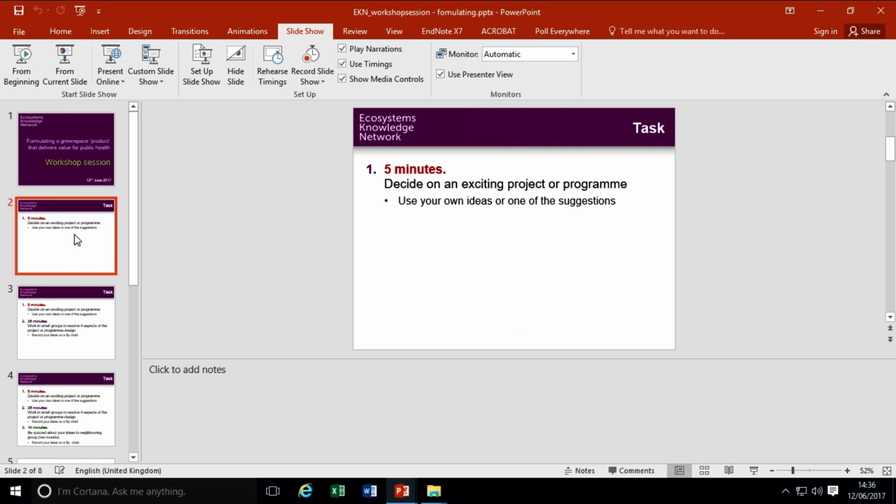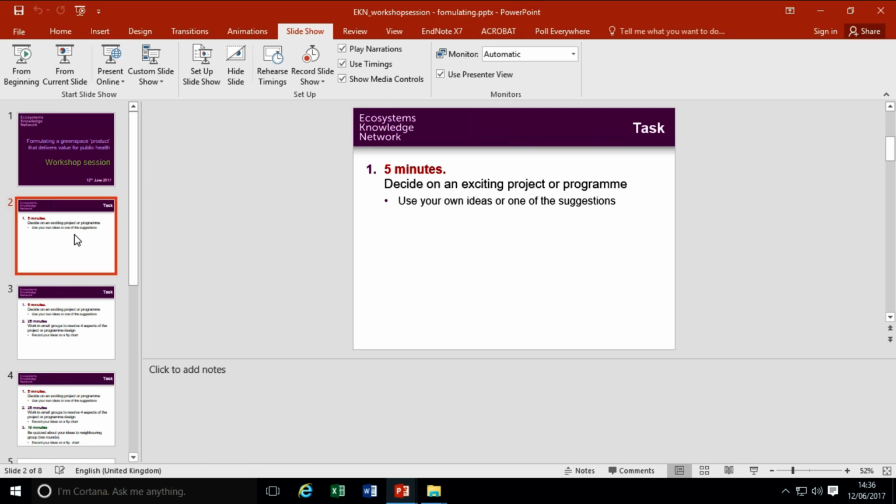Hopefully you already have ideas, or you're already involved in a project that can be the subject of your discussion. If somebody's got a fantastic project they want to get going, here's your chance to persuade the rest of the group around your table that it should be the focus for the discussion over the next half an hour or so.